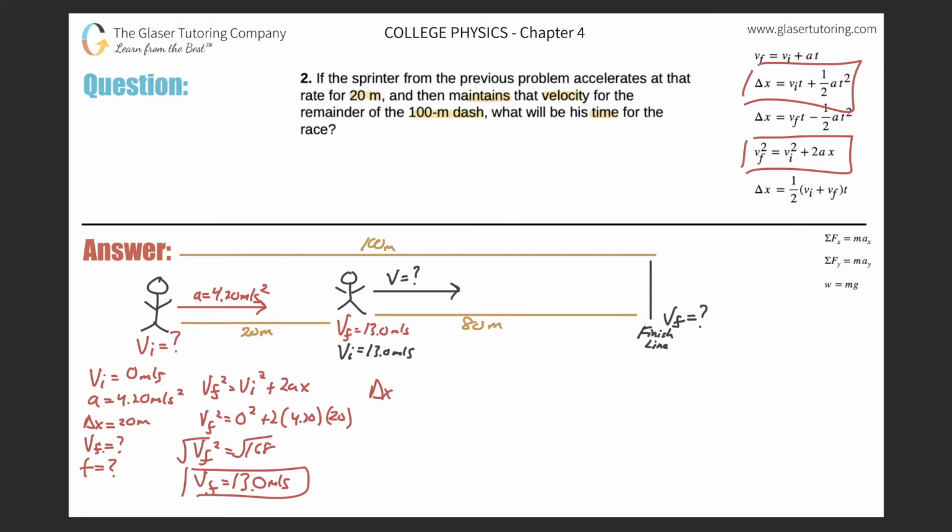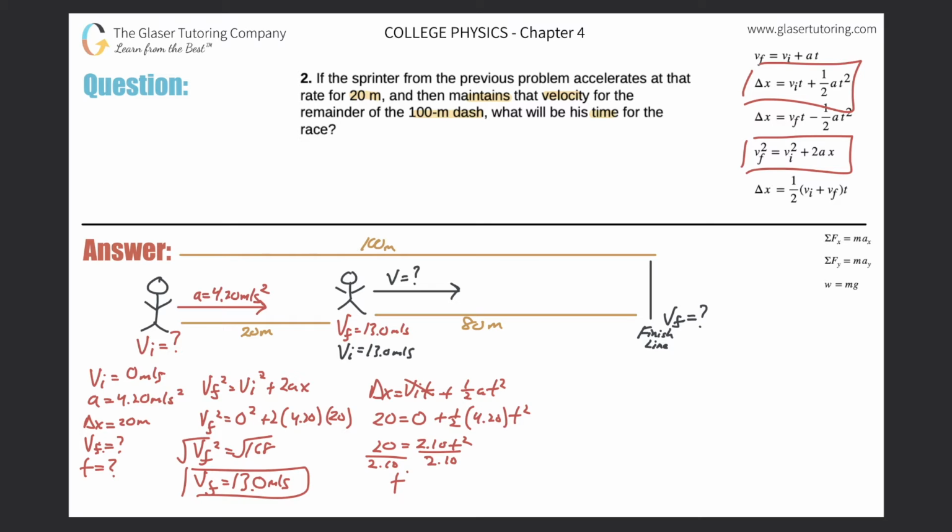So let's do change in x is equal to the initial velocity times time plus 1/2 a t squared. The displacement was 20, the initial velocity was 0, so that whole term goes to 0, plus 1/2 of the acceleration, which is 4.20, multiplied by time squared. So let's clean it up a bit. Half of this should be 2.10, t squared. Then just divide out the 2.10.